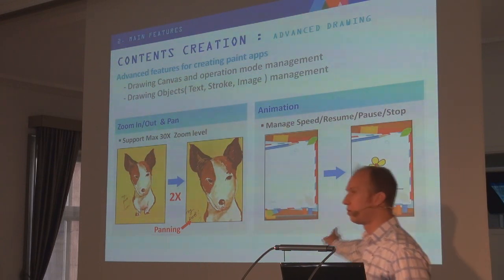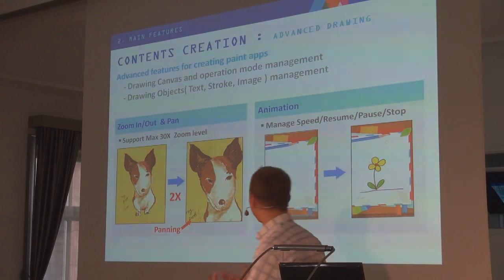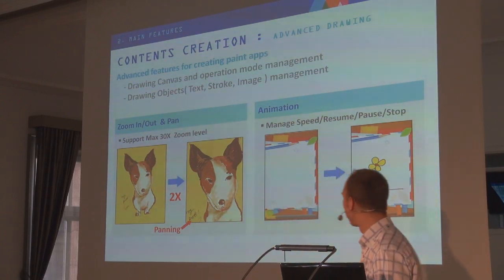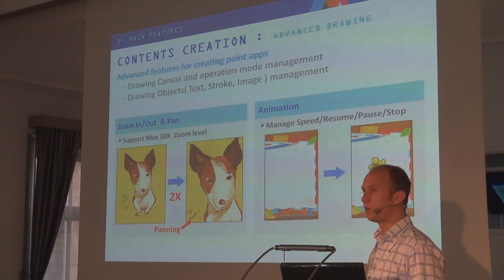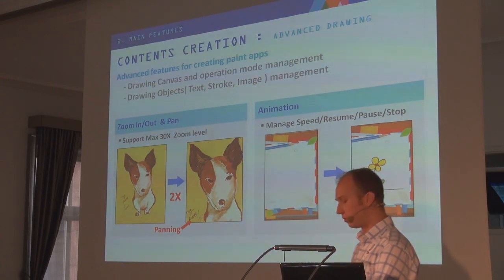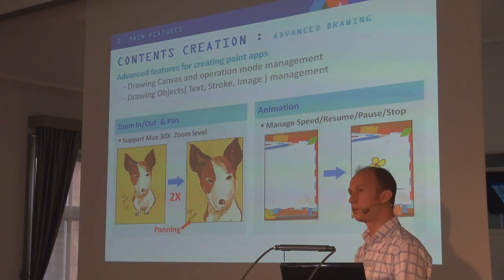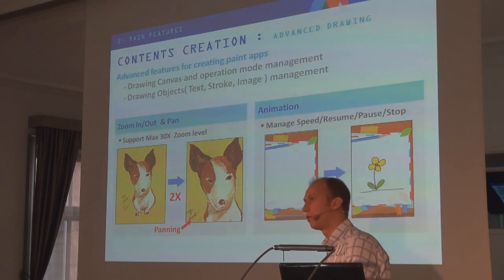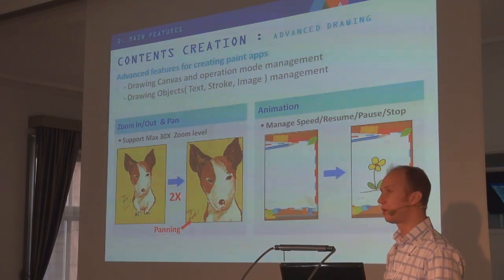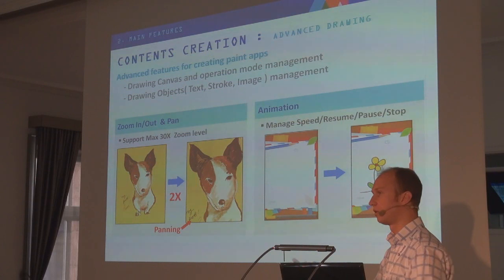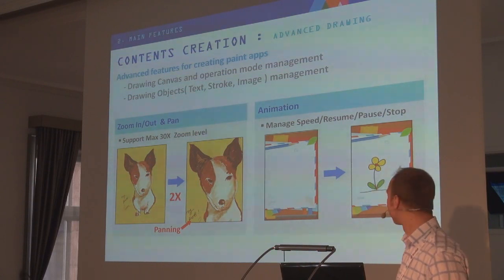This is something new, which I think can give you some ideas on how to use it in your application, because you can do animation. So when the user is drawing some picture, you can animate it. For example, you can make any picture and send it to your friend, to your girlfriend, with something like this.